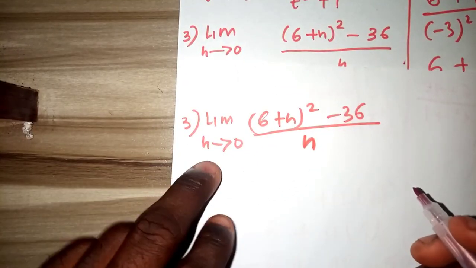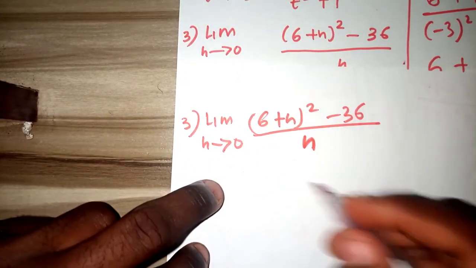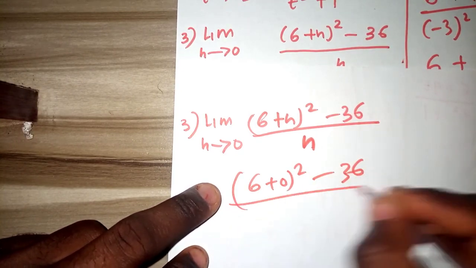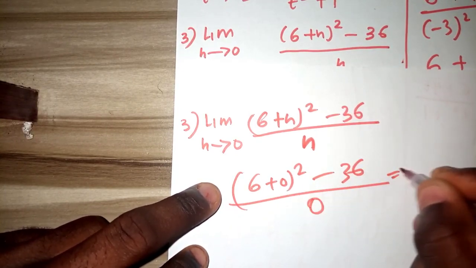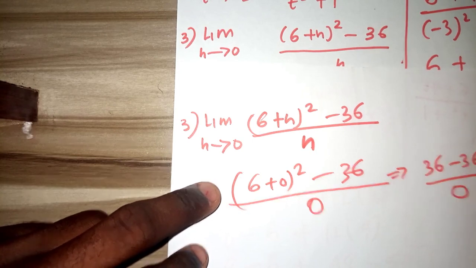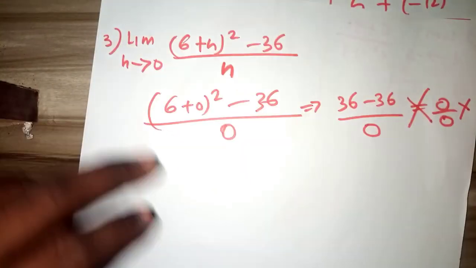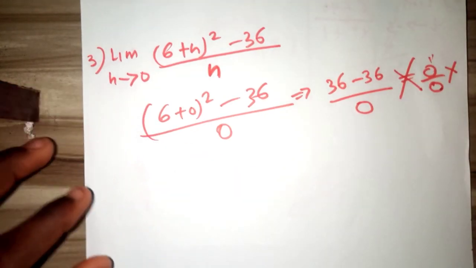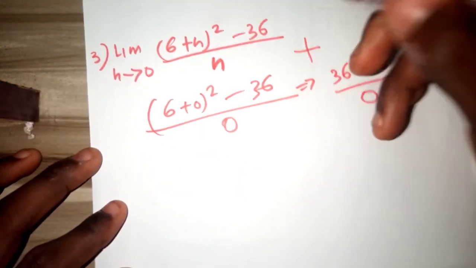Now you notice that if you put 0 by direct substitution in this, you have 6 plus 0 raised to power 2 minus 36 over 0. Now you have 36 minus 36 over 0. That will be 0 over 0. This is not allowed. Why? Because 0 over 0 is indeterminate in mathematics. So we are not going to use limit by direct substitution here.